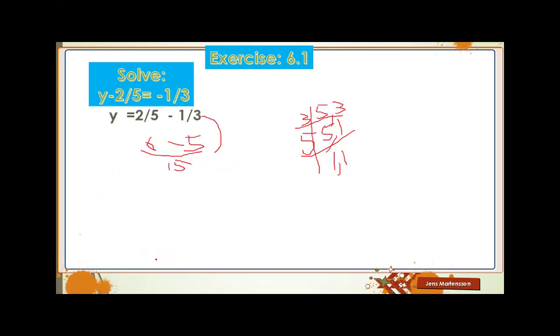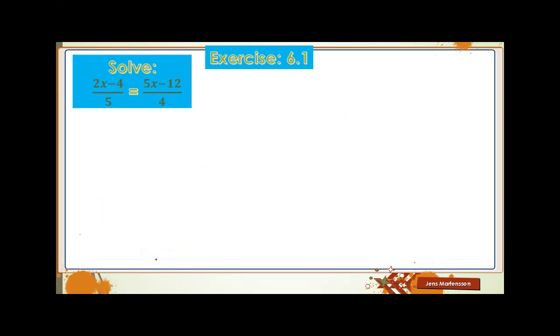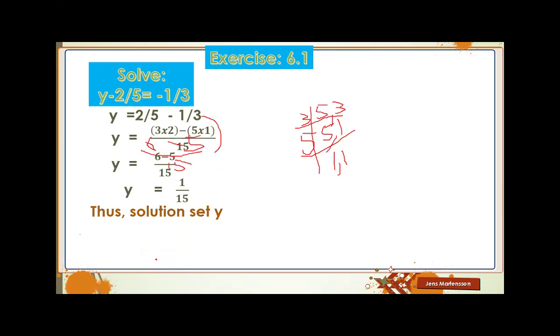Next, when we solve it, 6 minus 5 gives you 1, and in the denominator we get 15. So we get the answer 1 over 15. So the value of y is 1 over 15. So the solution set here is 1 over 15.